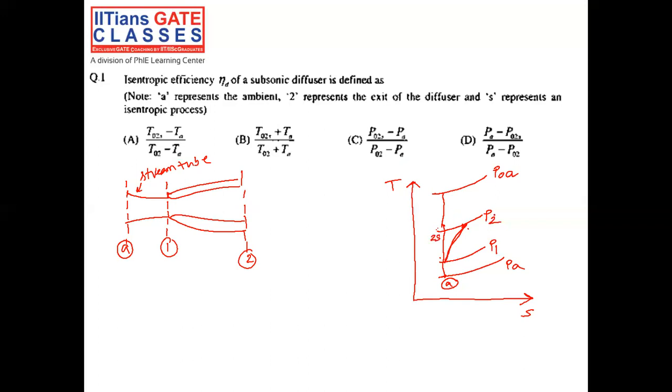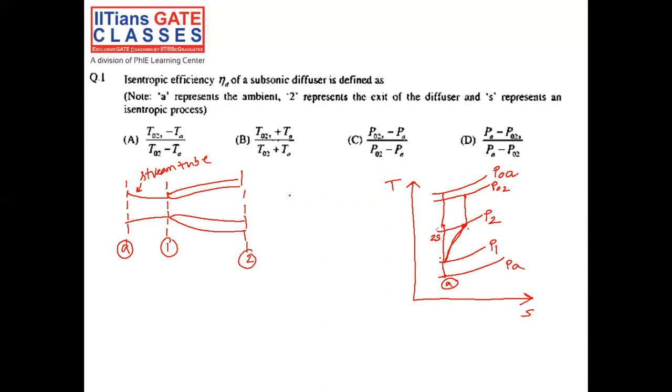Now P2 is the static pressure at the exit of the diffuser, and the total pressure at the exit of the diffuser is PO2, right? Since there is some loss because of this wall friction, PO2 would be less than POA.